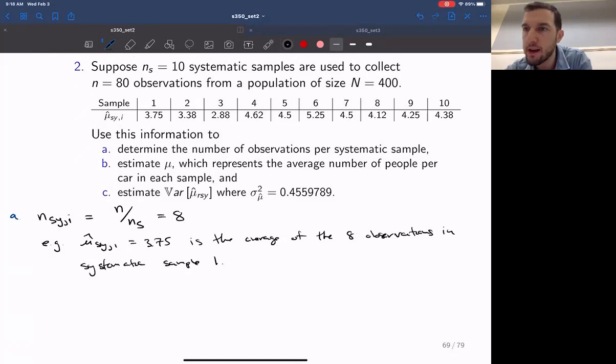And then the 3.38, that would be the average of the 8 observations in systematic sample 2, etc.